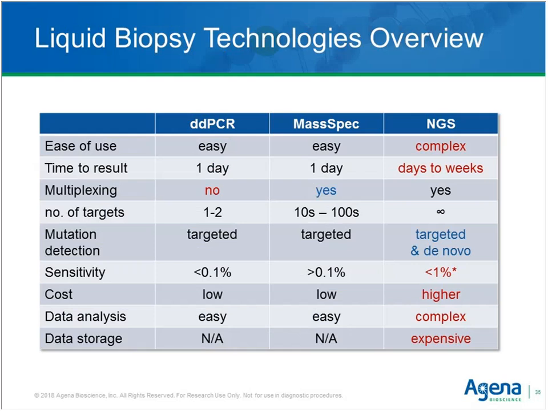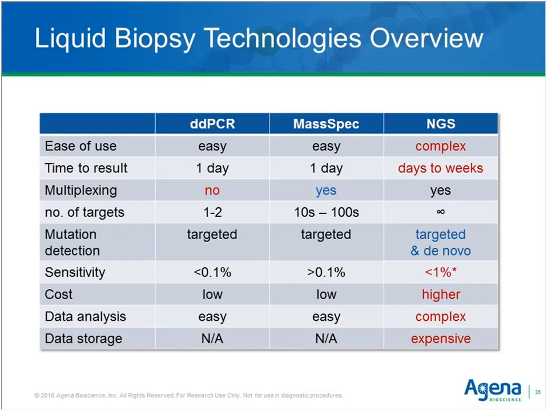On one hand, digital droplet PCR is commonly used and mentioned when it comes to liquid biopsy testing. And at the far other end of this spectrum, you hear a lot about NGS.